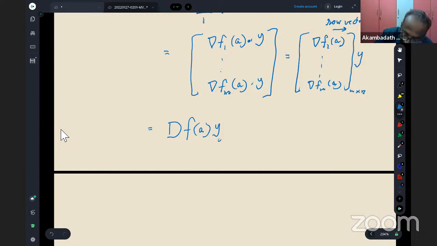So what is DF at A? It is this matrix. So grad f1.